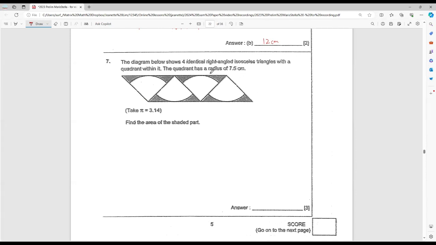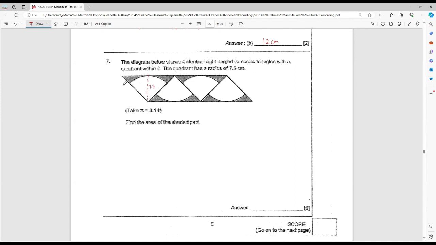So what is the area of the triangles? Now, each triangle, you can cut it into half this way. And what is the base? What is the base and height of each triangle? Now, this is the radius, so this is 7.5. Okay, this is 7.5.